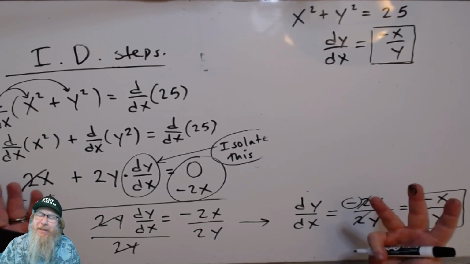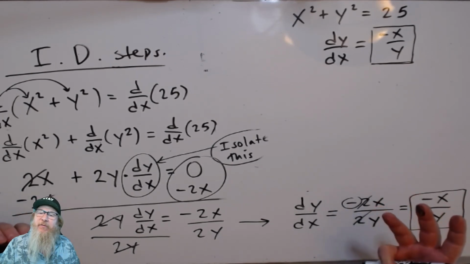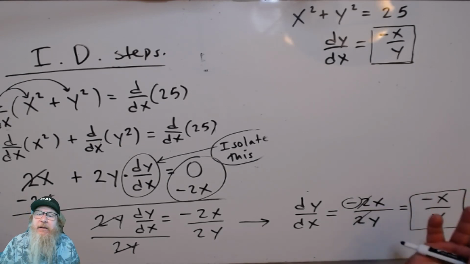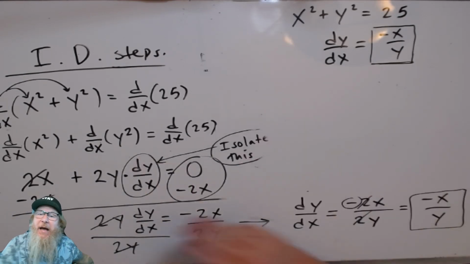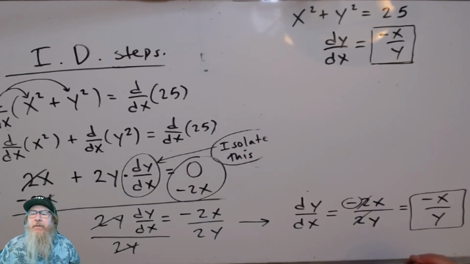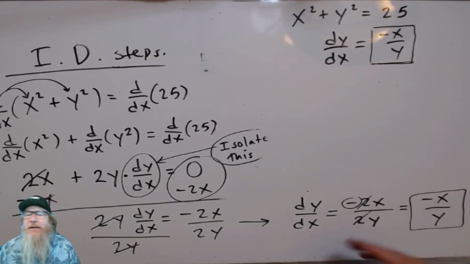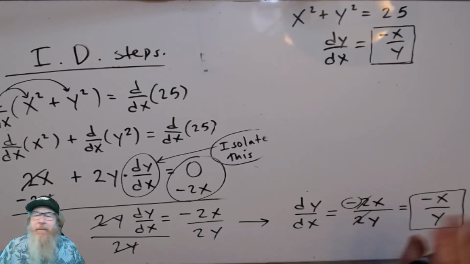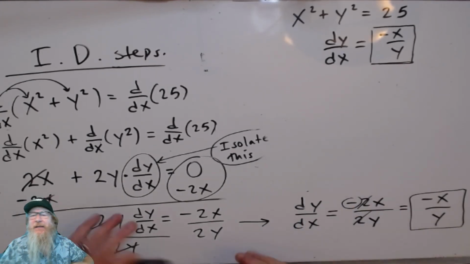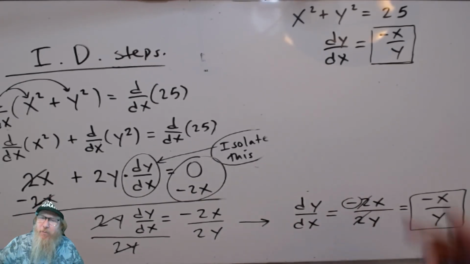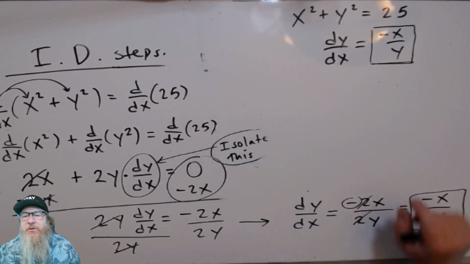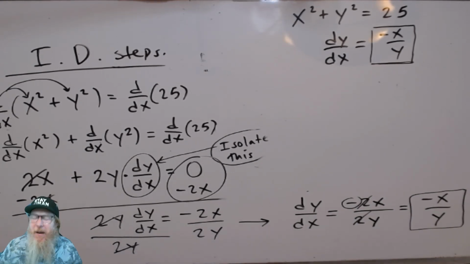An explicit derivative is just x, like all the derivatives we've done in the past, although it's not always x. We've seen other variables like t. But even if I use the variable t, typically when we take the derivative, we treat it just like x.